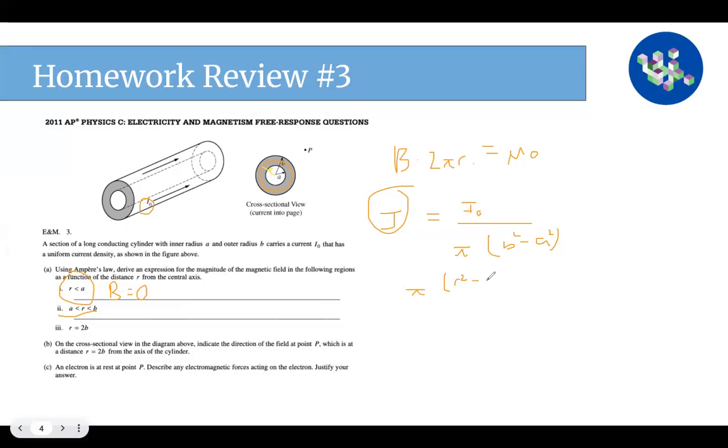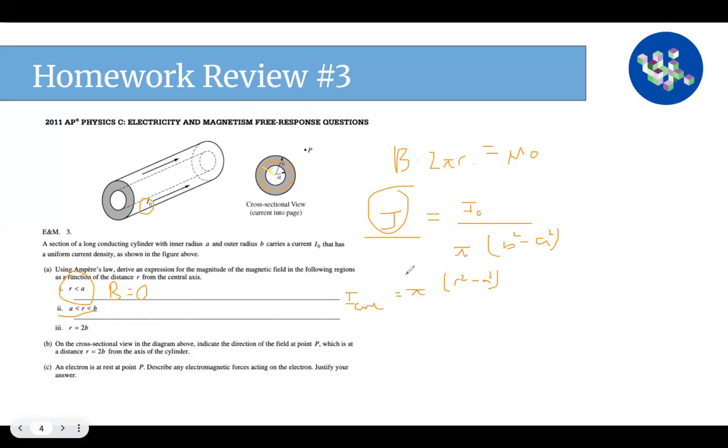So to find the total enclosed current, I multiply: I enclosed equals pi r squared minus a squared times my current density J, because current density is constant everywhere in the shaded region.